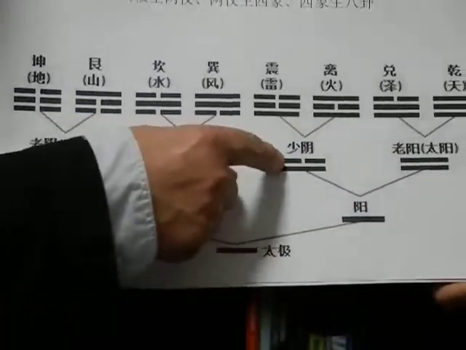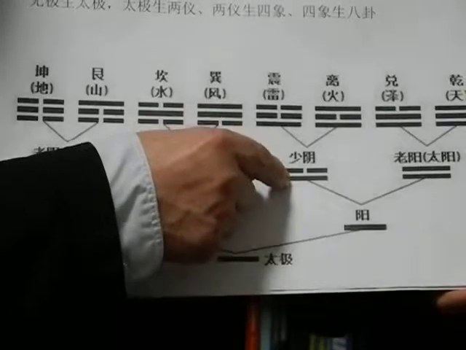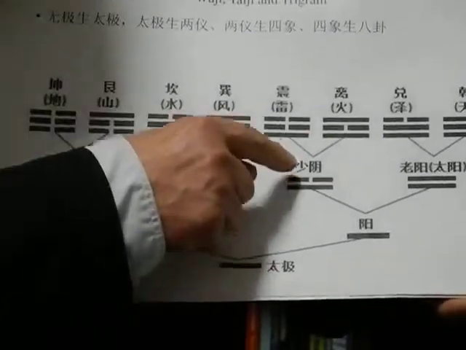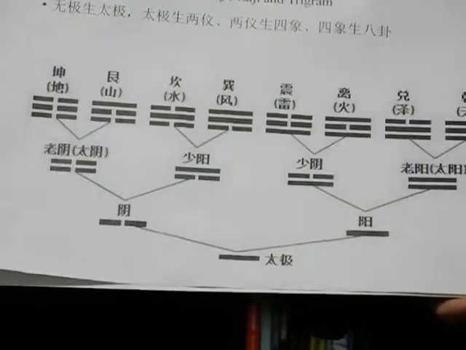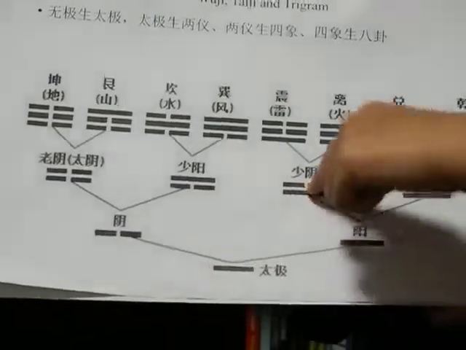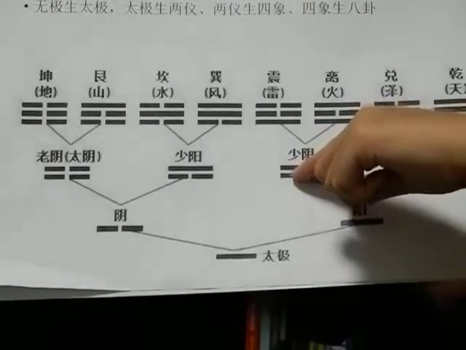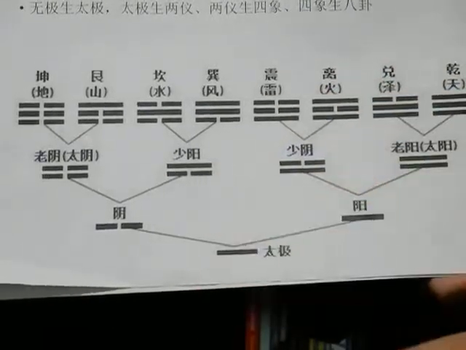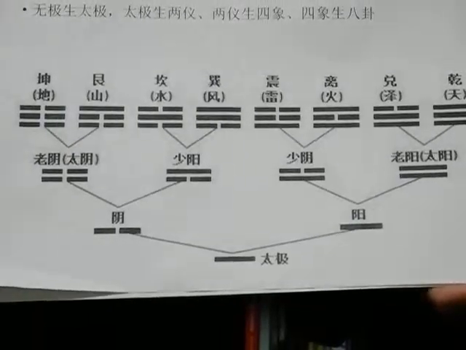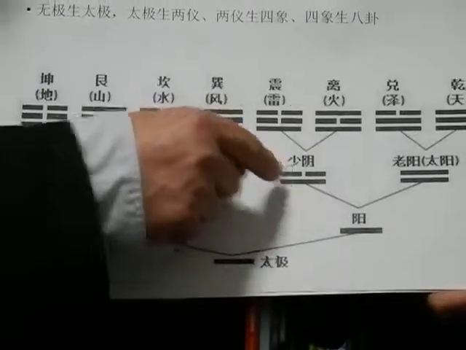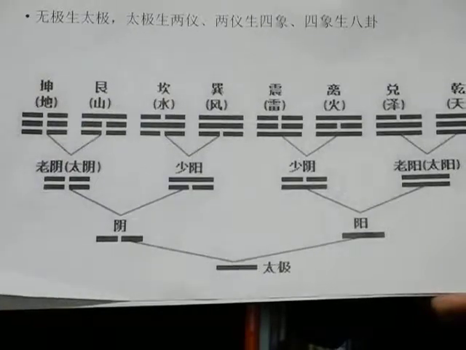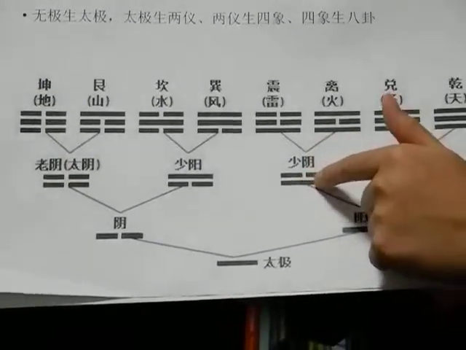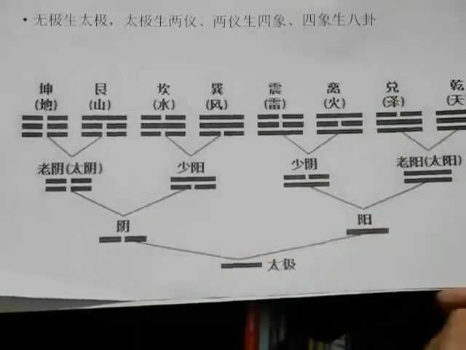You can see here, why is this one minor yin? I mean, there's one yin on top and one yang on the bottom. When you look at this, you only look at the bottom part, not the top part.